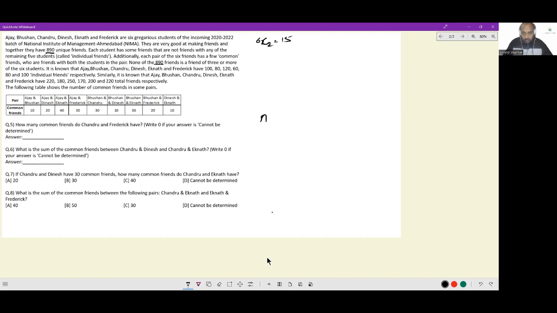You'll have it this way: A, B, C, D, E, and F, and also A, B, C, D, E, and F. We'll create a table.